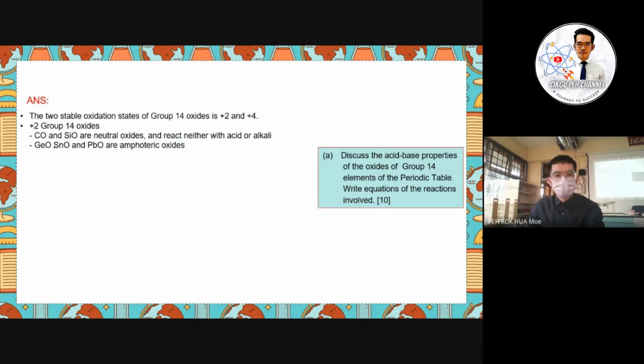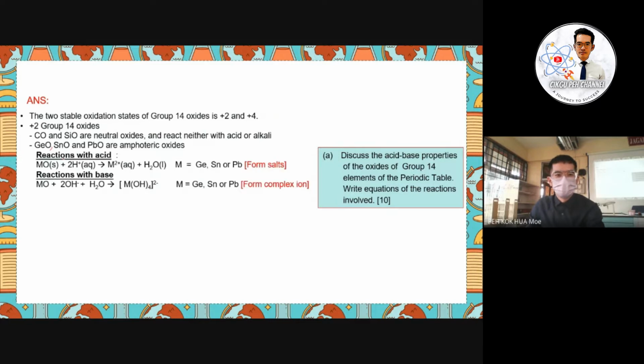Germanium monoxide, tin monoxide, and lead monoxide are amphoteric. That means you have to give the equations where the 3 monoxides react with acid and base. For the reaction with acid, they form the salt, and for the base, they form the complex ion.